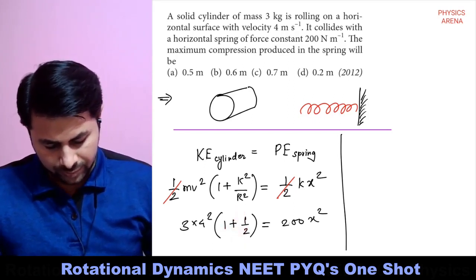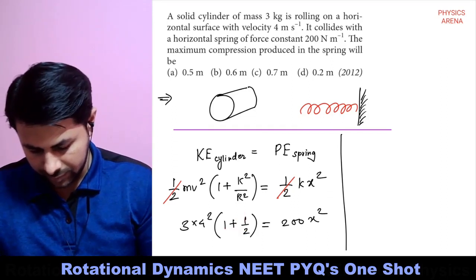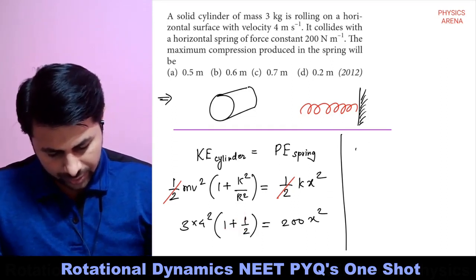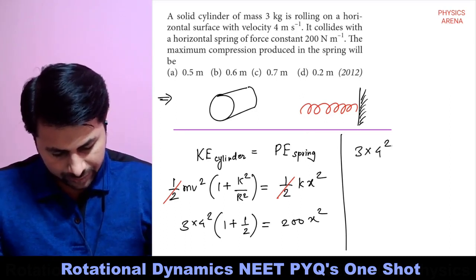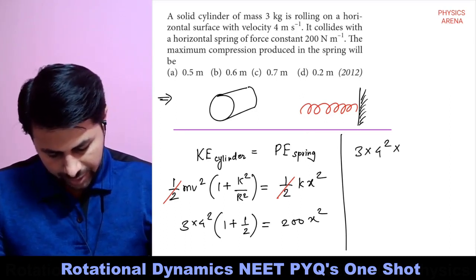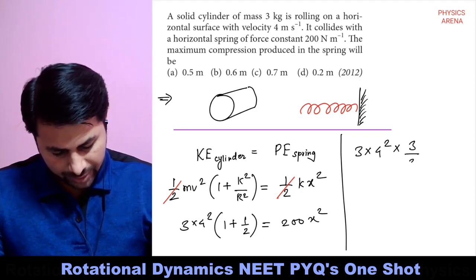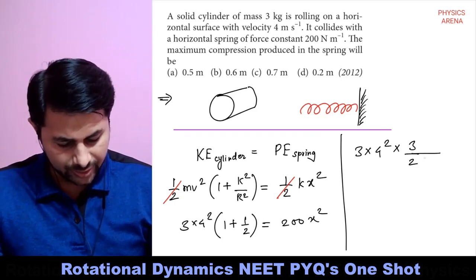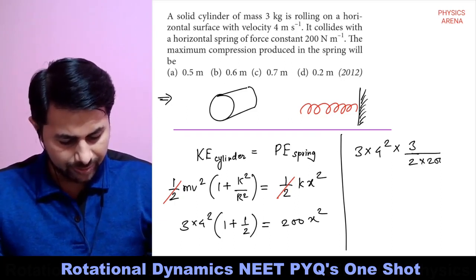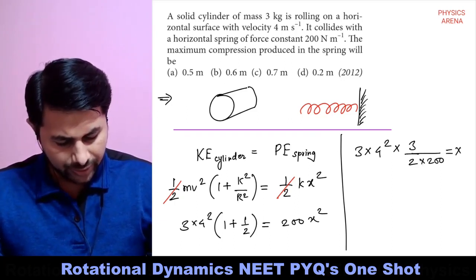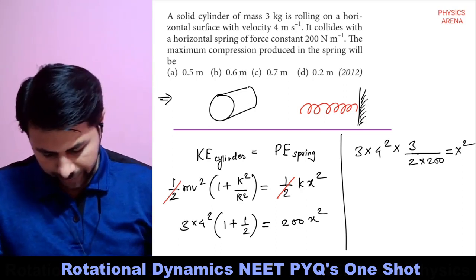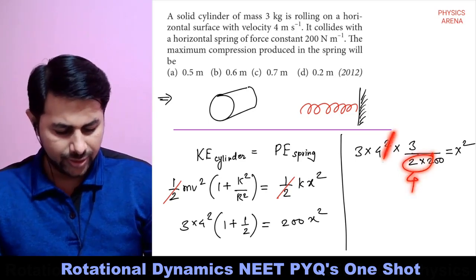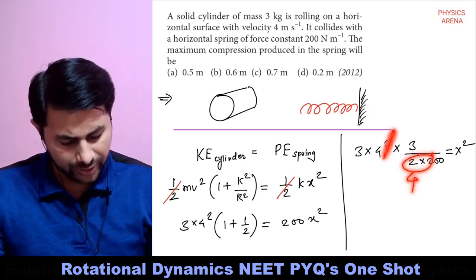Right. So it is 3 by 2. Okay. So 3 multiplied by 4 square, multiplied by 3 by 2, and that 200 also we can take on this side. So multiplied by 200 is equal to x square. Okay. So 2 times 2 is 4, so it will cancel out with one of the 4 of this 4 square. Okay.